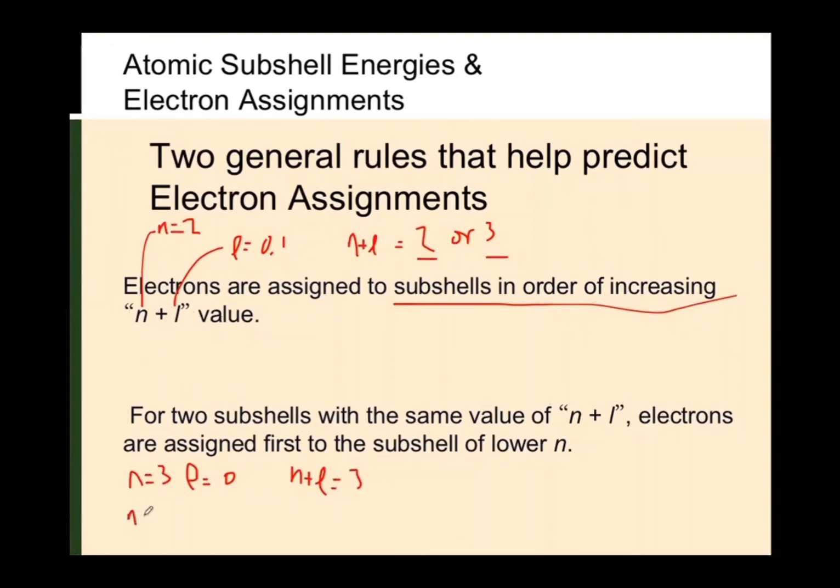And if we have the n equals 2 level where l equals 1, so that's the p orbital, then n plus l is also equal to 3. 2 plus 1 is 3. So how do we decide which one of these gets filled first? Well, the answer is the one with the lower value of n. So this one goes first.